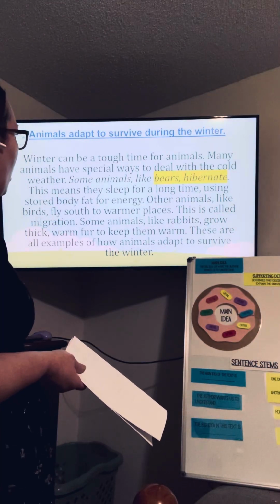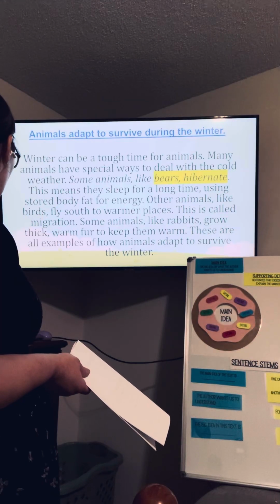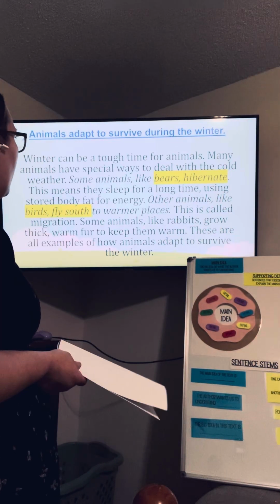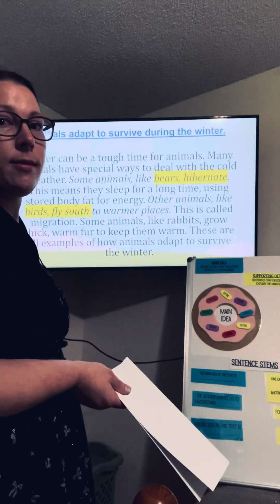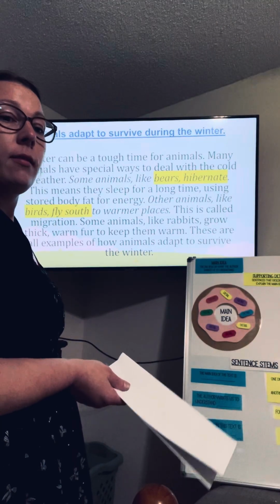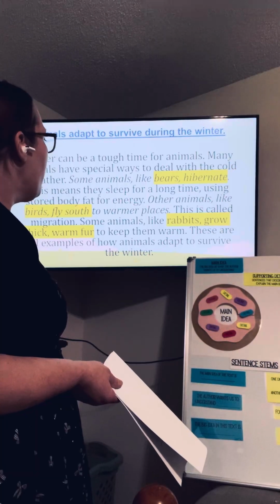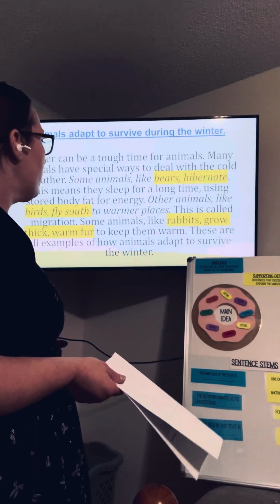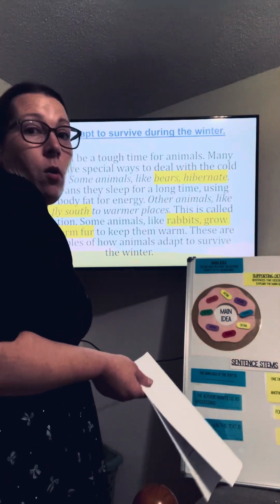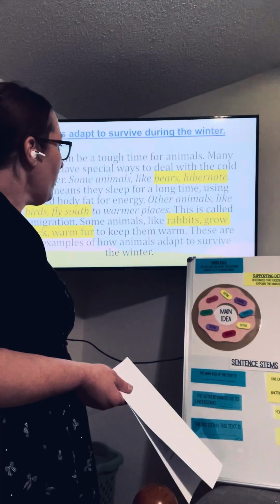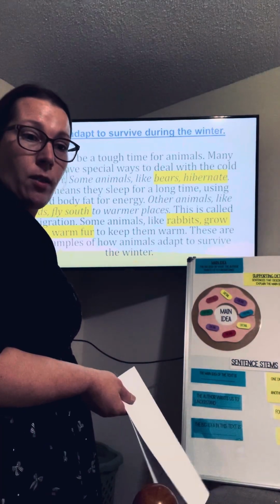Another detail is that birds fly south to find a warmer place. Well, I know that birds migrate when it gets cold. And one more, that rabbits grow thick, warm fur so they don't get cold. I would imagine that these animals would only be cold in the winter, and doing things like this would help them be nice and cozy in the winter.